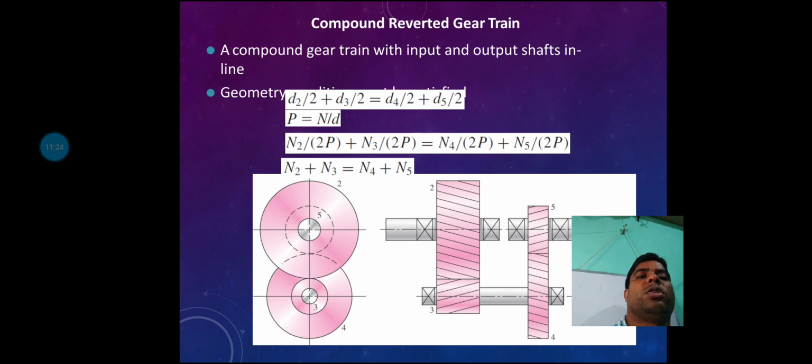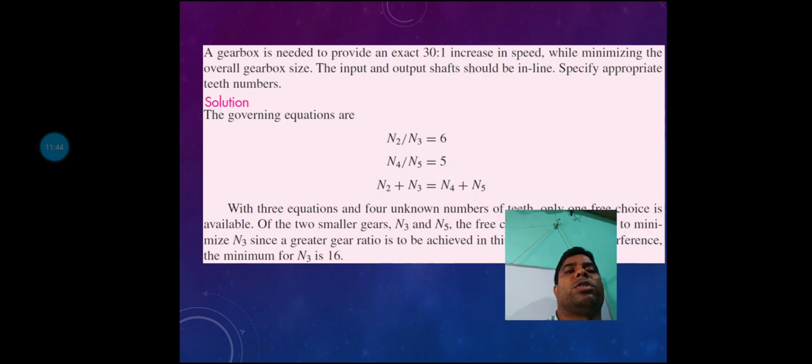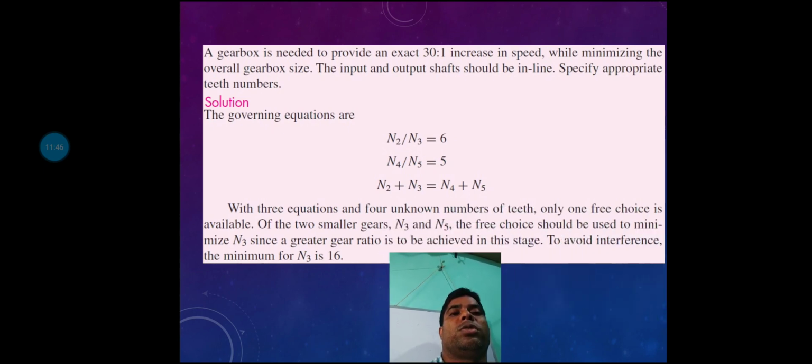That means first gear and fourth gear are obviously coaxial, and second and third gears are connected on the same shaft. So that is actually the compound gear with reverted gear train.